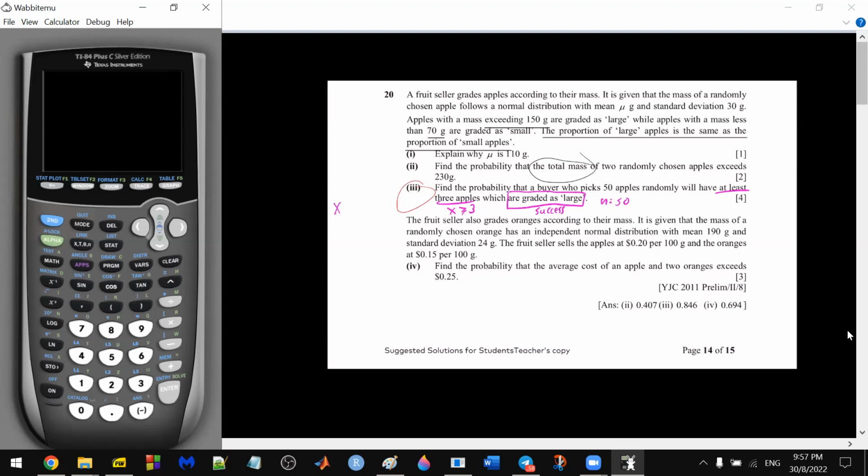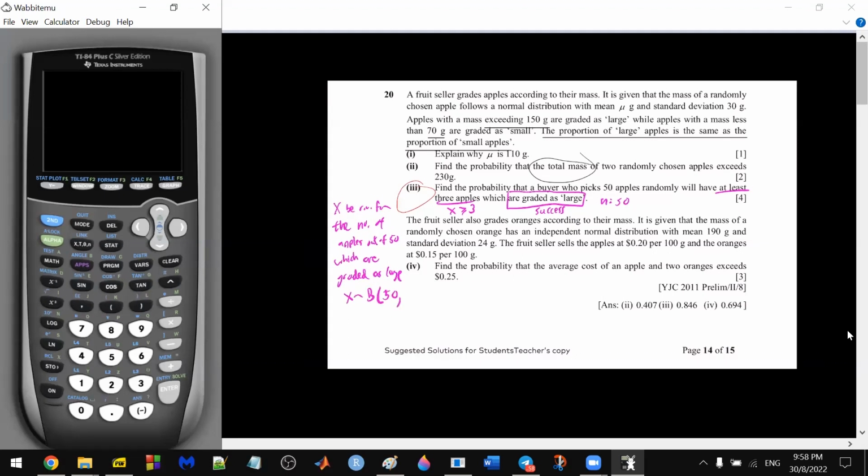Therefore, you can just say let x be some random variable for the number of apples out of 50 which are graded as large. Just copy the question. Then x follows binomial.